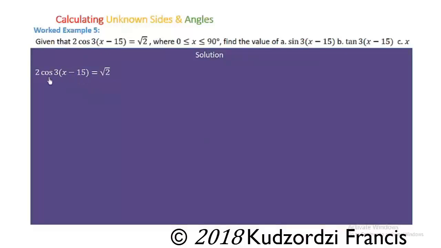It's called an argument. We can only divide through by this. So we have over 2, then over 2 over here. So now we have cos 3 into bracket x minus 15 is equal to root 2 over 2.